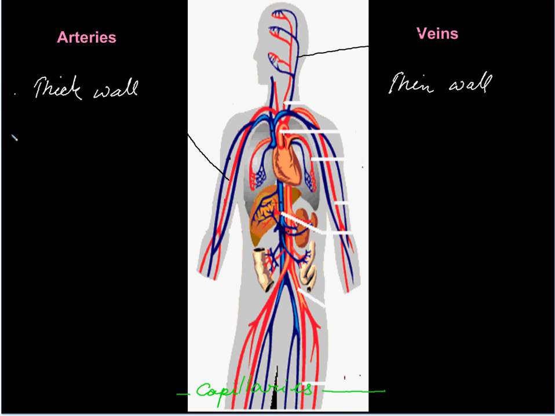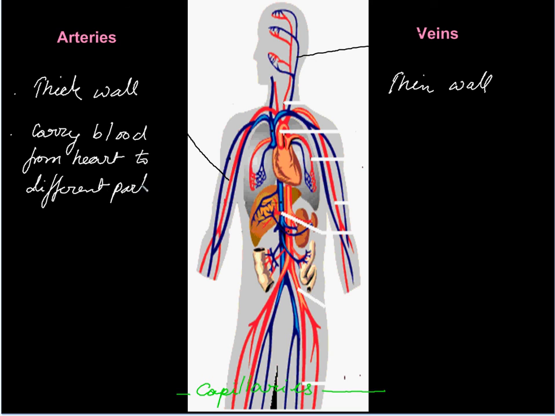The second difference is that arteries carry blood from the heart to different parts of the body, and the opposite, veins, carry blood from the body to the heart.